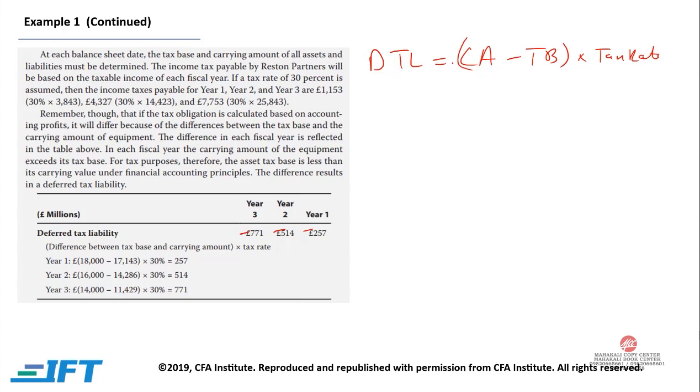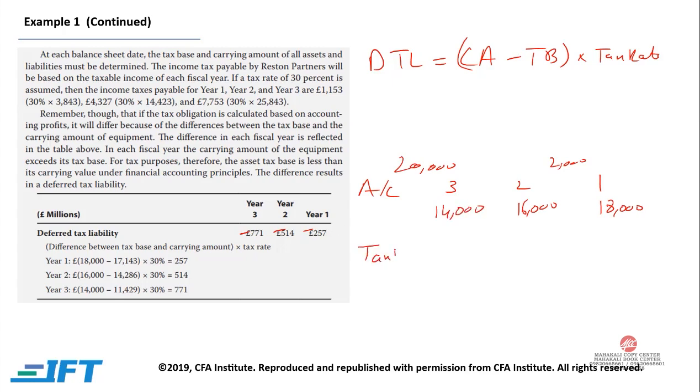Now, for your accounting books, we had the equipment of 20,000, depreciation was 2,000. So the carrying amount at the end of year one would be 18,000. At the end of year two, it would be 16,000. At the end of year three, it would be 14,000.